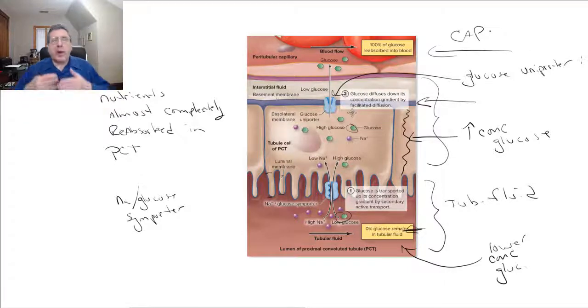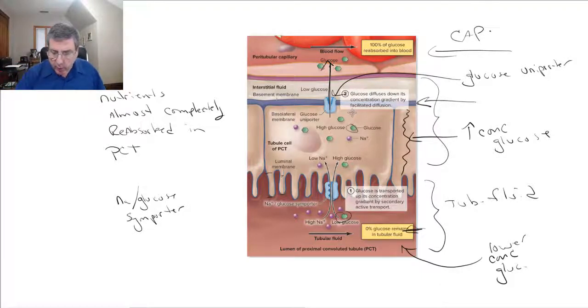Okay, so we have a high concentration gradient of glucose within the cell. We have a low concentration gradient of glucose within the capillary system. So glucose is going to diffuse down its concentration gradient and then enter into the bloodstream. Okay, so that's how glucose is completely reabsorbed.